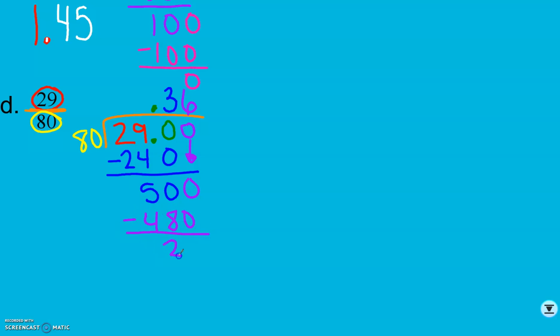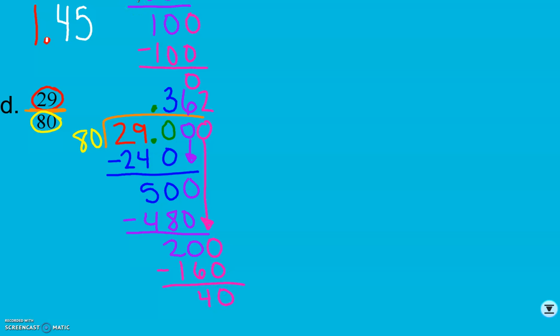We subtract and get 20. 80 does not go into 20, so I can add a 0, bring it down. 80 into 200, we can think about as 8 into 20, which goes 2 times, which is 160. When I multiply it back, we subtract here and get 40.